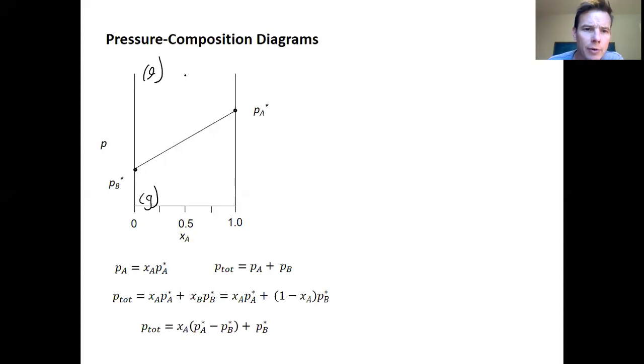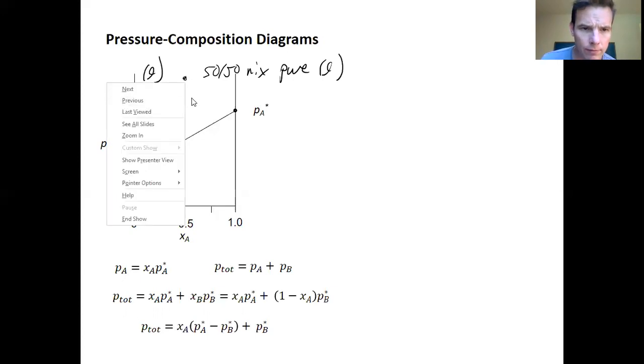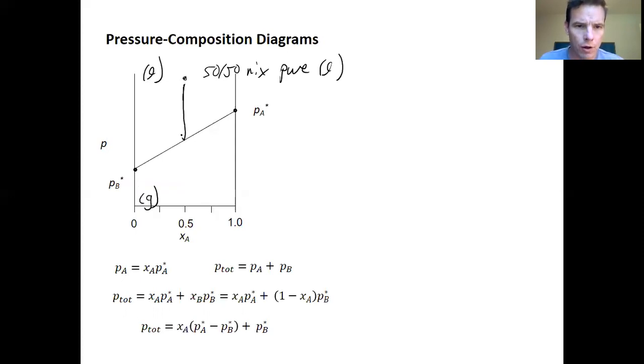Imagine here I started with a 50-50 mixture of pure liquid. What would happen is you start to move down. You would move down until you hit this point.